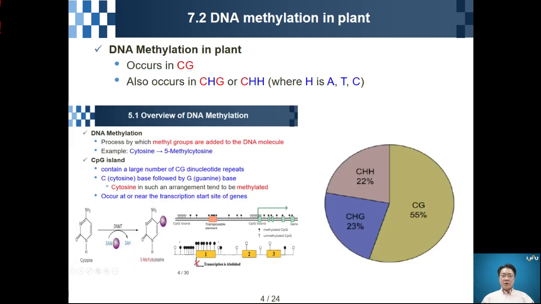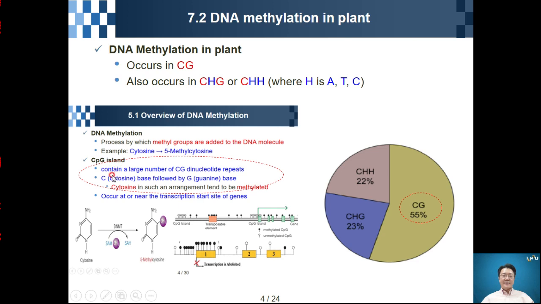In this slide, I will explain the second subject, DNA methylation in plants. DNA methylation in plants occurs in CG dinucleotides. Usually, 55% occurs in CG dinucleotides.